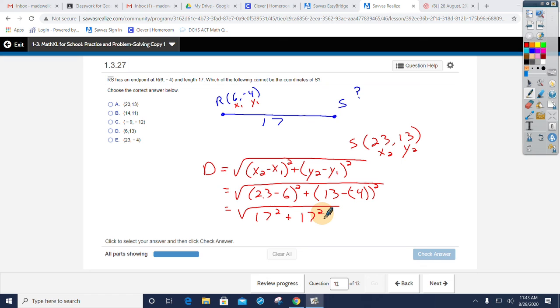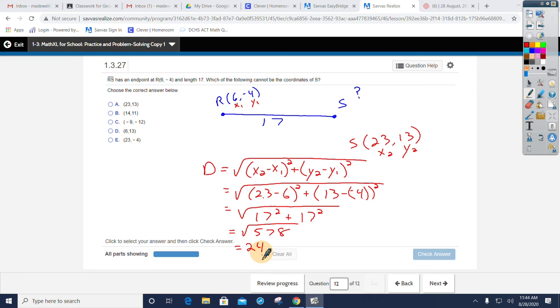And now let me put that all in my calculator. So I'm going to go 17 squared plus 17 squared. And so that's going to be 578. And then I'm going to take the square root of that. And that is going to give me 24.